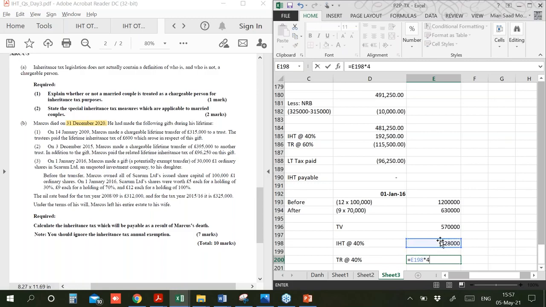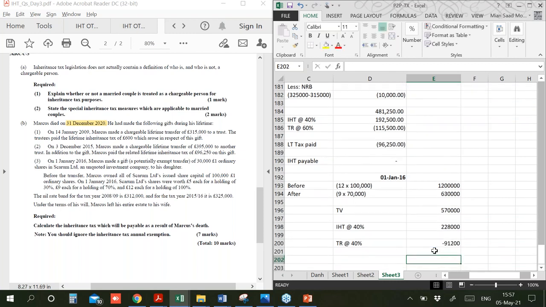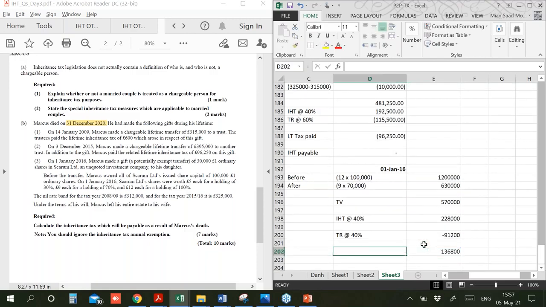Out of that, 40% will be discounted. I can put a negative sign in the start to make the figure completely negative. So the IHT payable will be this minus the discount. 136,800 is IHT payable. So with that, the second part gets complete as well.